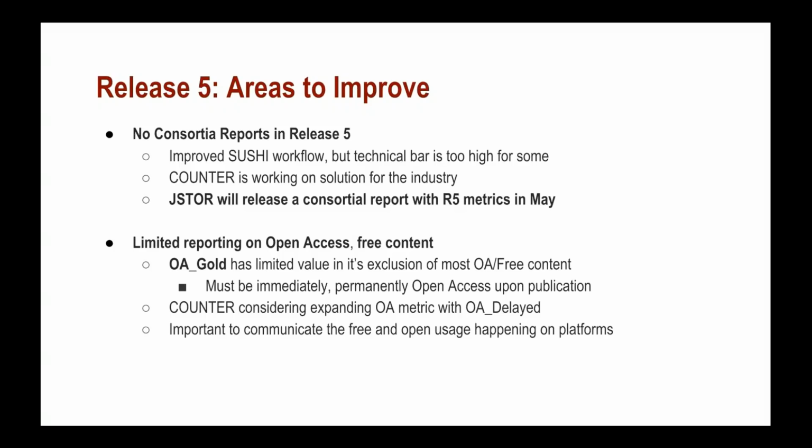JSTOR is also getting ready to release a consortial report with R5 metrics that will be similar to what was a summary view of usage and searches and all that good stuff for a number of institutions in a single report. We'll release that in May.